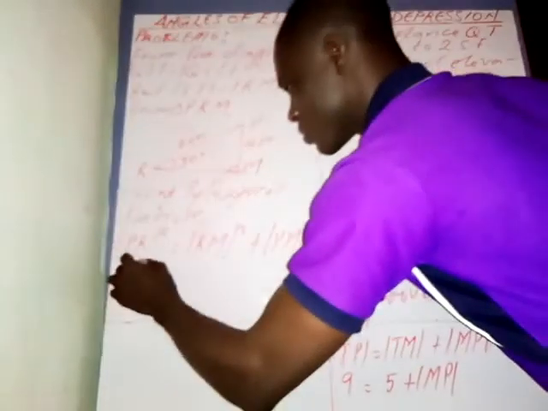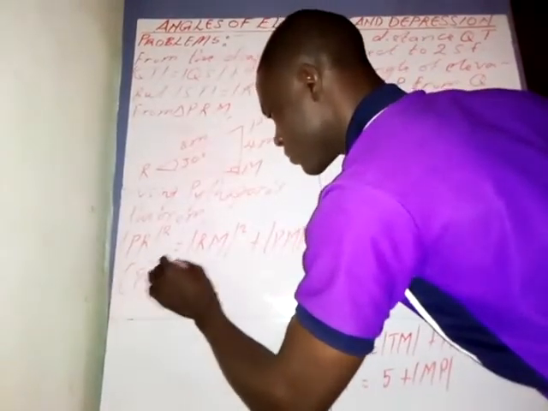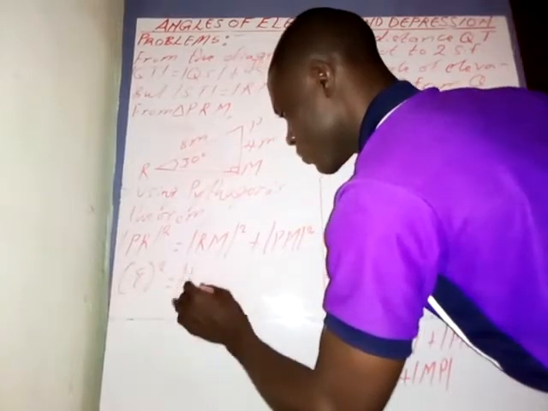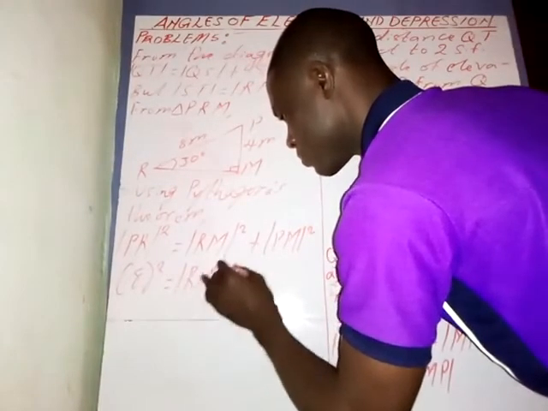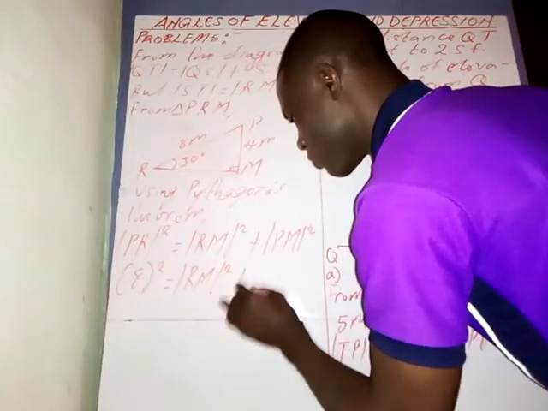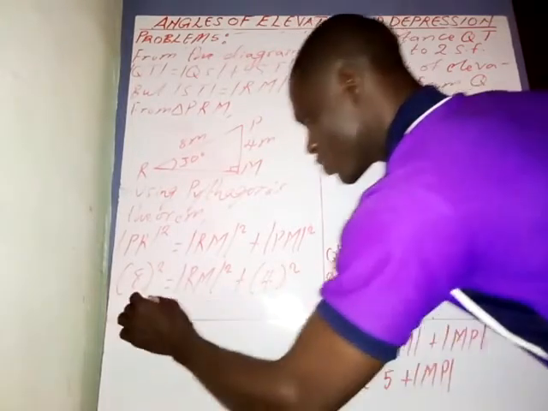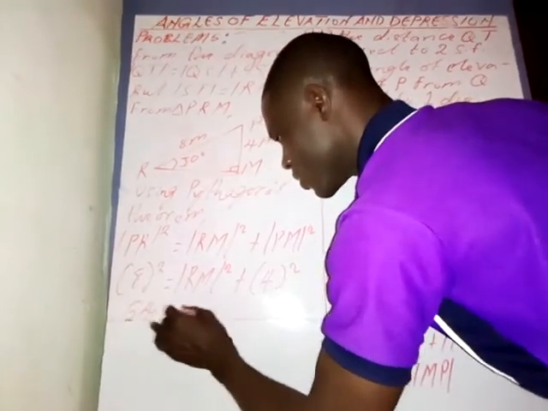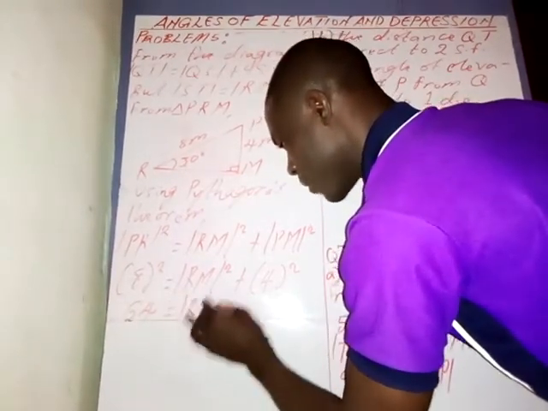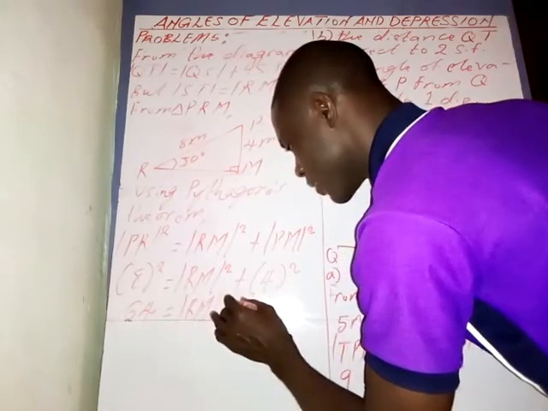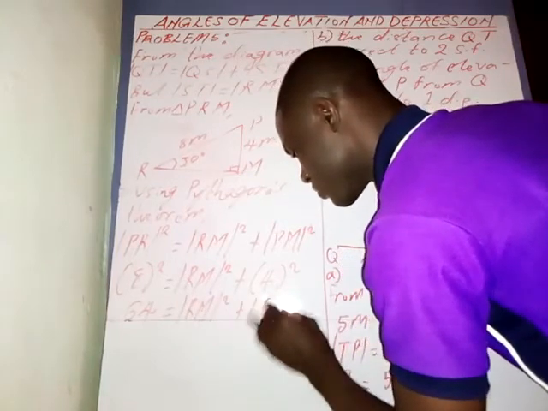So this is 8 squared, equal to RM squared plus 4 squared. And this will give us 64 is equal to RM squared plus 16.